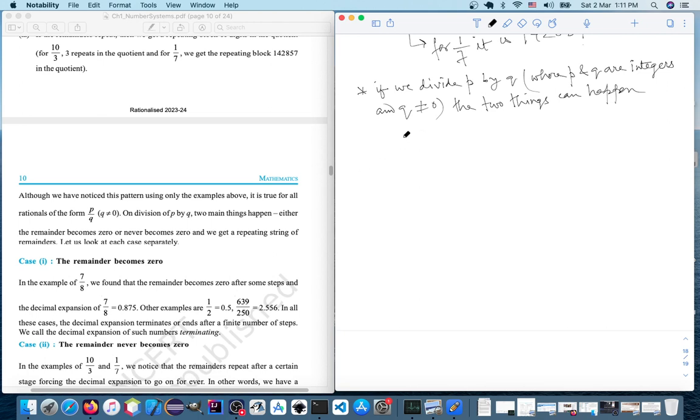The first one is, in the book it has been shown using cases, case 1: the remainder becomes 0.